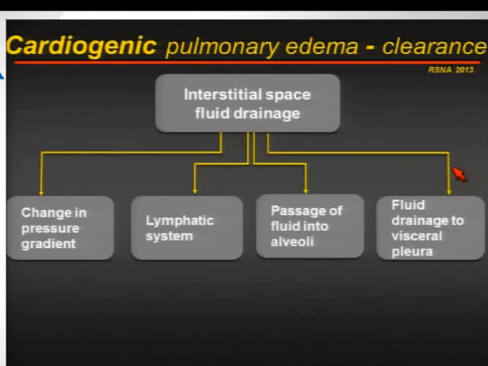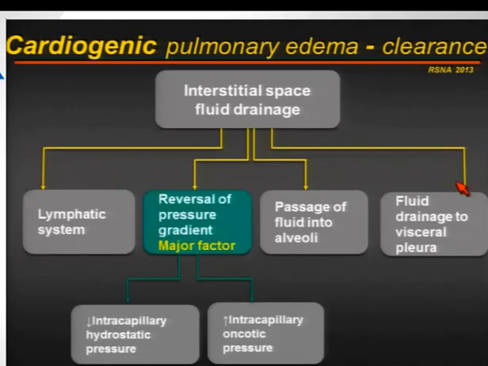The clearance of cardiogenic pulmonary edema occurs along four channels: change in the pressure gradient, the lymphatic system, passage of the fluid into alveoli with subsequent clearance, and fluid drainage to the visceral pleura. The most important one in cardiogenic pulmonary edema is the reversal of the pressure gradient, where we don't have this hydrostatic pressure pushing the fluid out of the vessels.